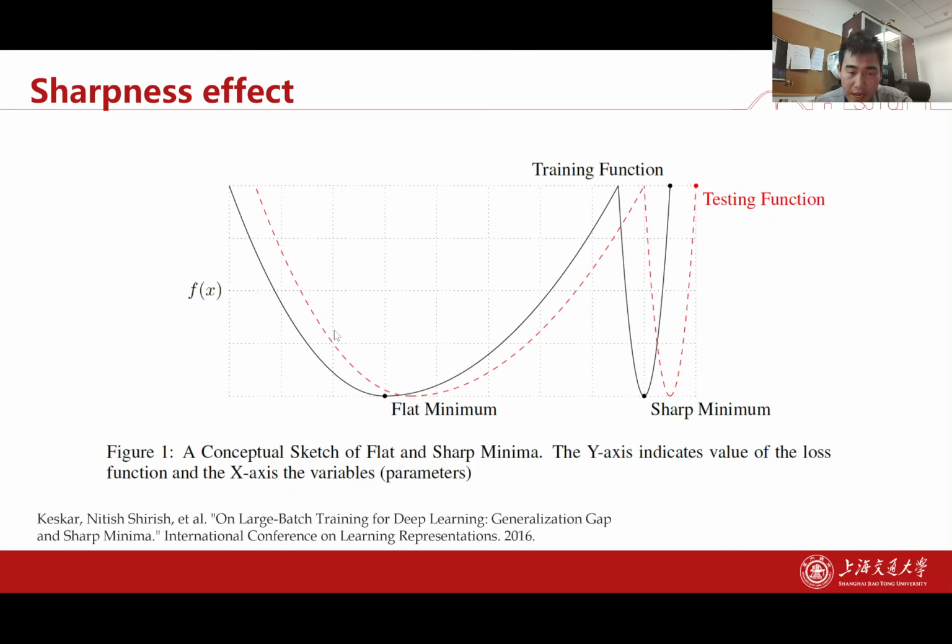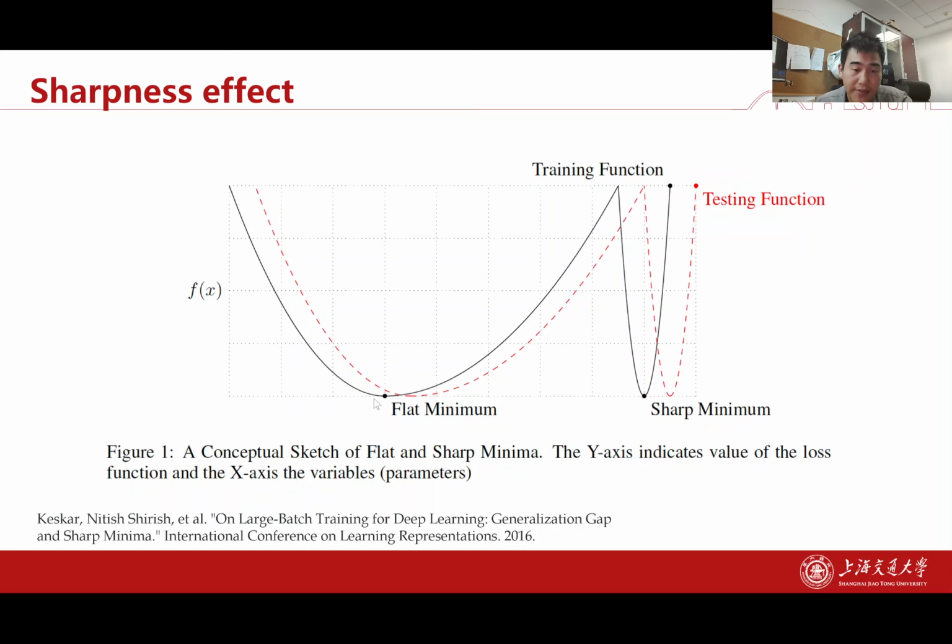This dashed curve is the loss function of the test data points. They are slightly different. And if you find a minimum here, although it is different from the minimum of the test function, they are different.